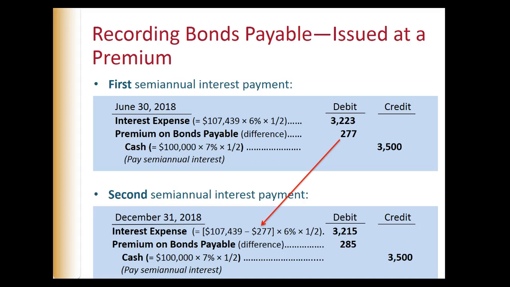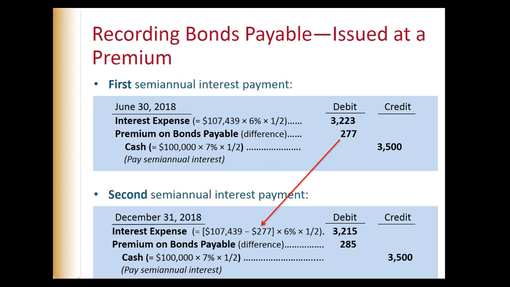California Coasters records interest for the next semi-annual interest period on December 31st, 2018, as shown here on the journal entry below.